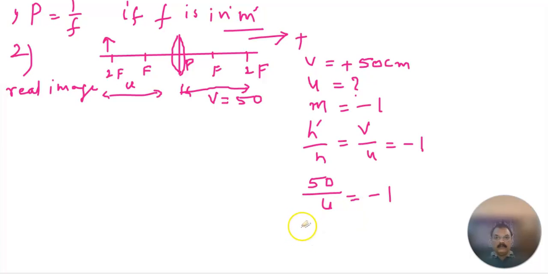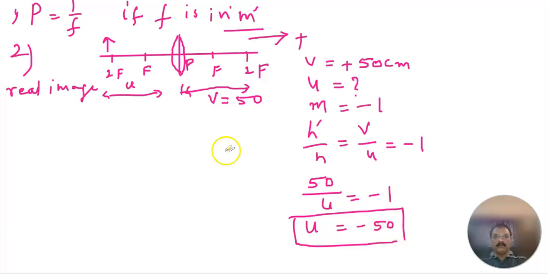Therefore u will become -50. Using the formula of magnification, since it is a real image, you get -1, so it will be inverted. Since u and v are the same distance, the object is at 2F and the image is also formed at 2F.